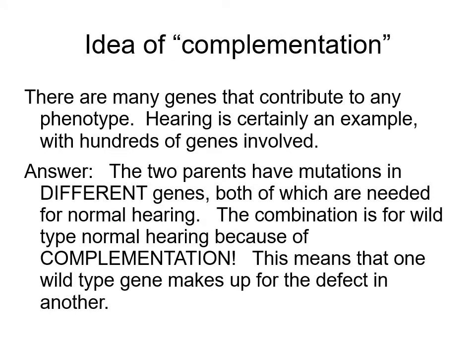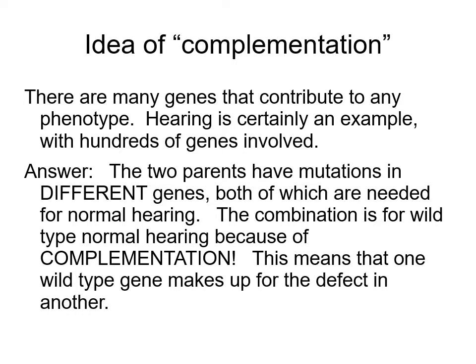Okay, the idea here is that any phenotype, such as hearing, which is an incredibly complicated process, has many, many genes that contribute to it. So if we have many, many genes that are all necessary for normal hearing, then mutations in different genes can certainly occur. So that's what's happened in these families.